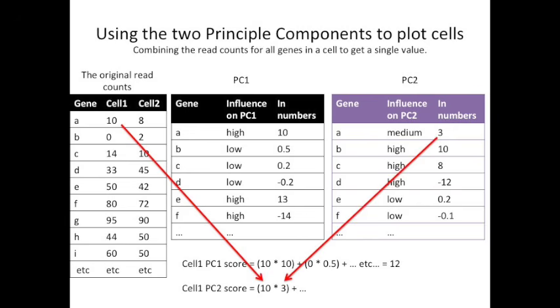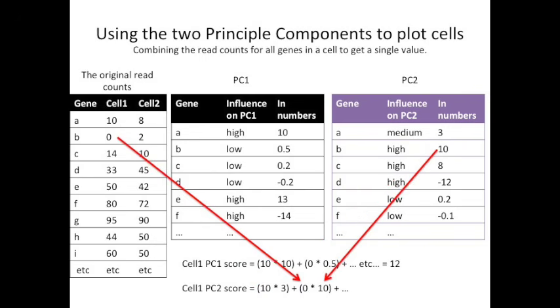To calculate a value for principal component 2, we do the same thing as before, except instead of using the weights or the influences on principal component 1, we use the weights or influences on principal component number 2. So in this case, gene A has 10 reads, and we multiply it by 3 because that's the influence gene A has on principal component number 2.